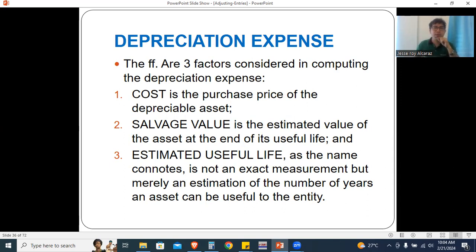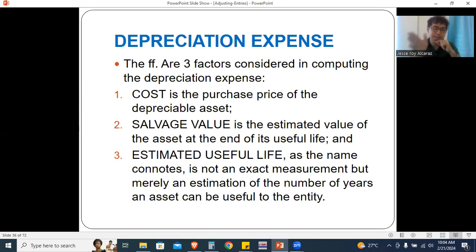Salvage value is basically the amount that you can salvage from a property, a non-current asset. So, for example, katong 5 million na asset nga gipalit nato 5 years ago. So, 5 years ago nato siya gipalit and then it can be used for 5 years. At the end of its useful life, pwede pa daw nato siya mabaligya for 500,000 pesos.